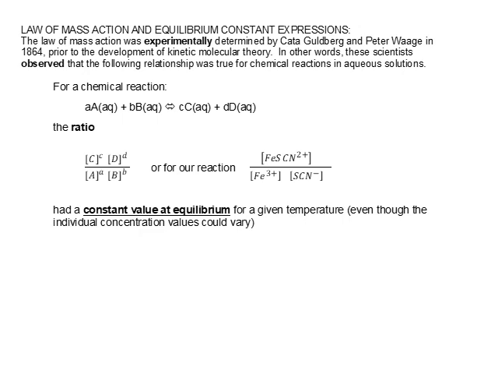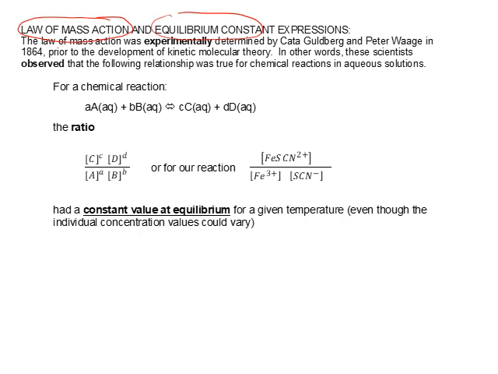We now return to the Chapter 13 handouts. The general result that we saw on the previous slide is called the law of mass action. And the constant for each reaction is called an equilibrium constant.